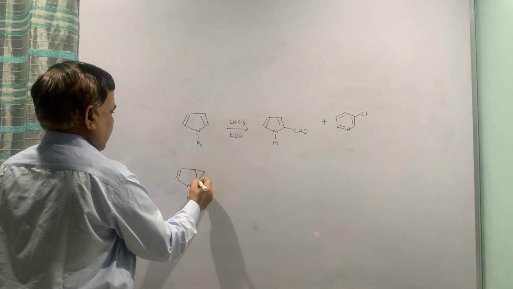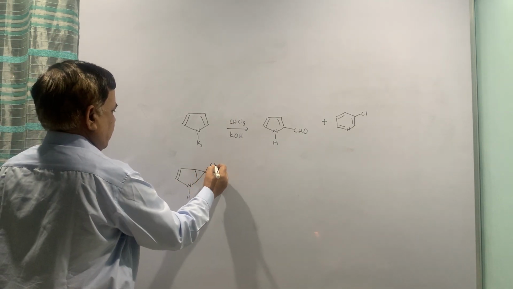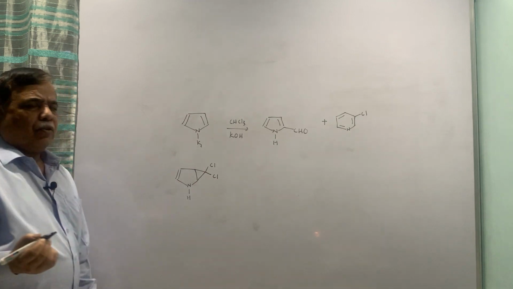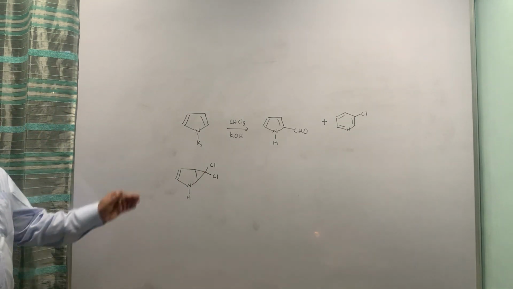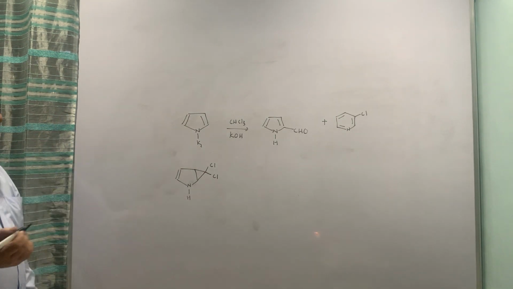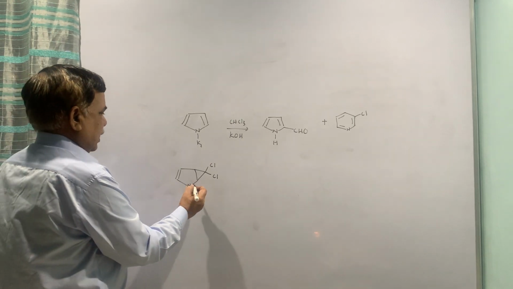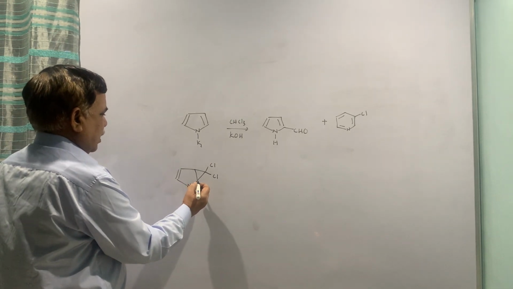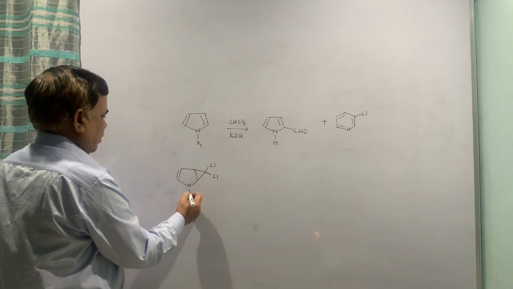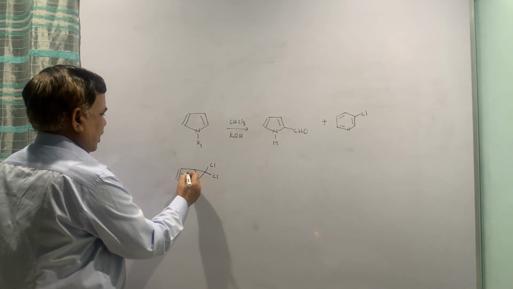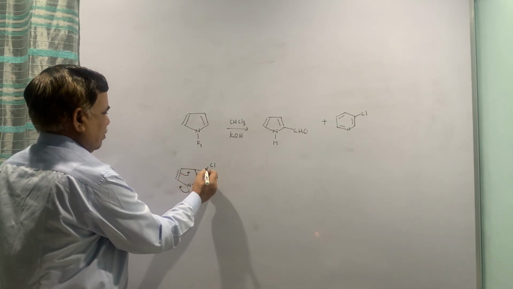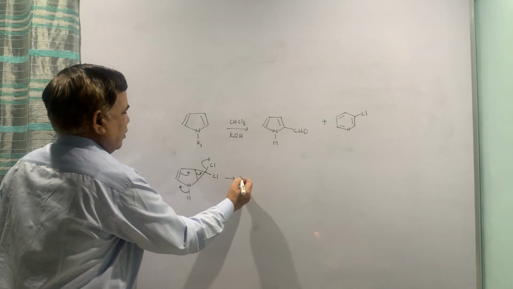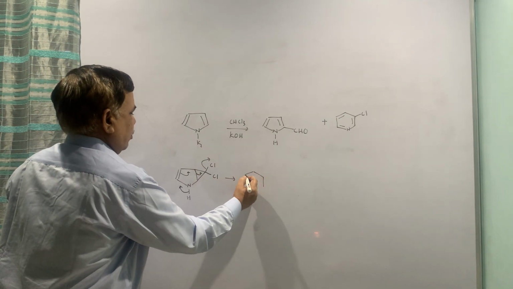But the second product is going to be the addition of chlorocarbene across this double bond, and then it is a matter of a little rearrangement reaction. So this will give you the 3-chloropyridine.